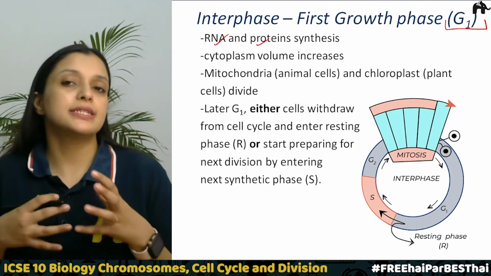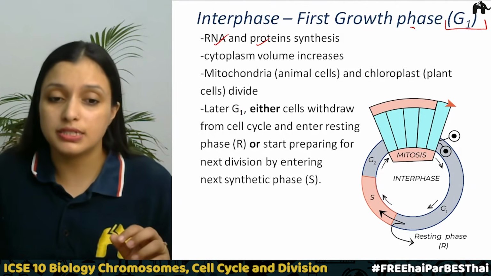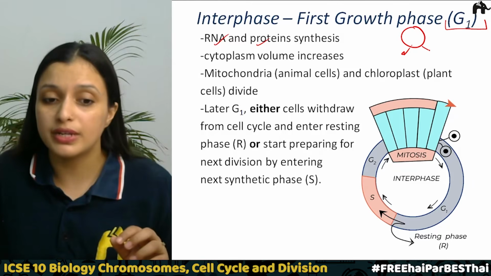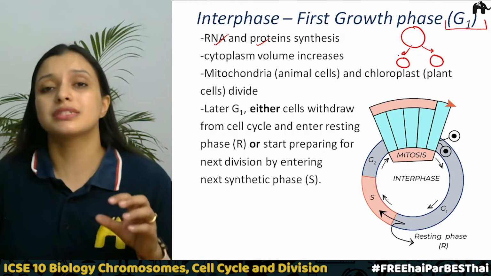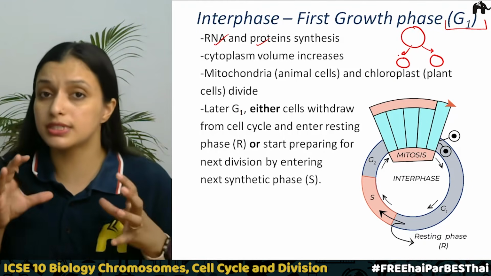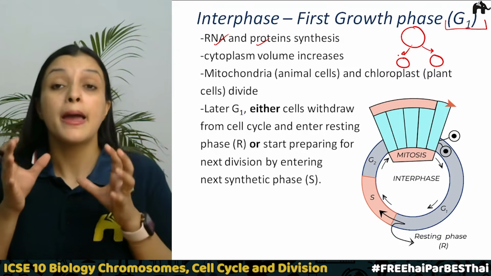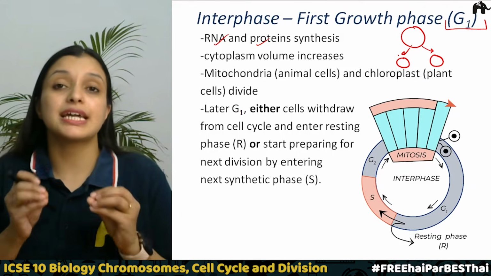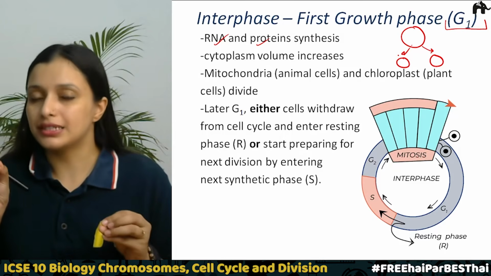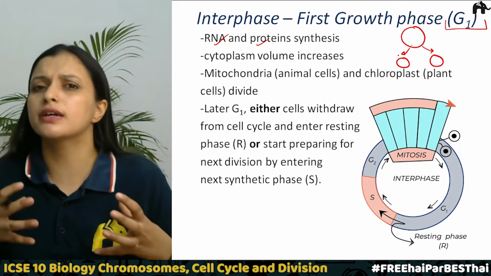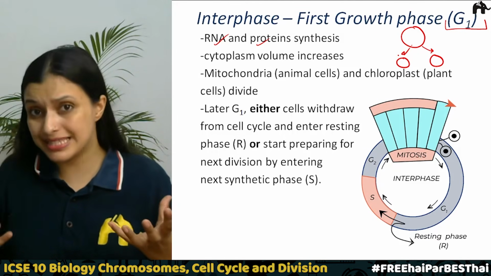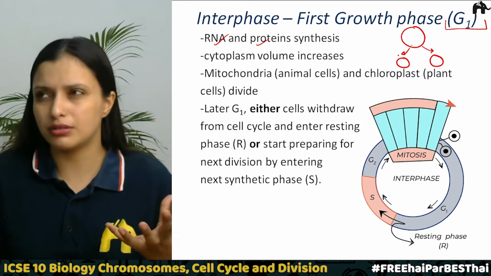So initially when a cell divides, this is a mother cell. From this we will get two daughter cells. So here the size of the nucleus is fully grown. This nucleus is actually fully grown, but the cell cytoplasm is not that grown, right? It is not in the amount that a cell needs to divide, right?